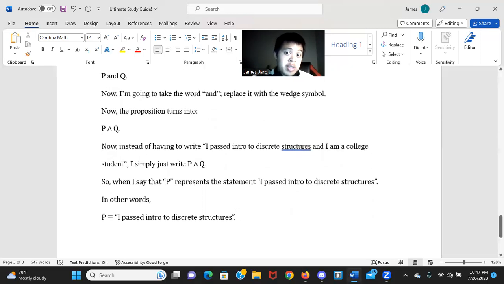So what we're saying is wherever we see a P, it's equivalent to saying the phrase I passed introduction to discrete structures.